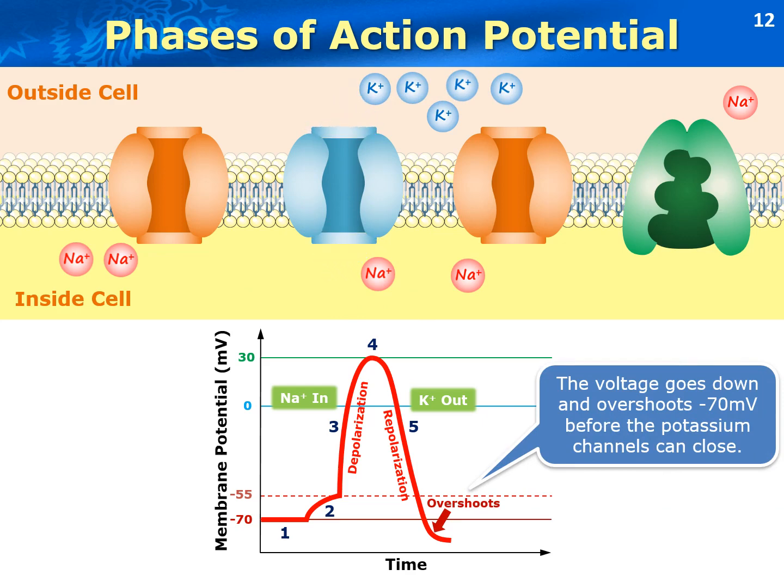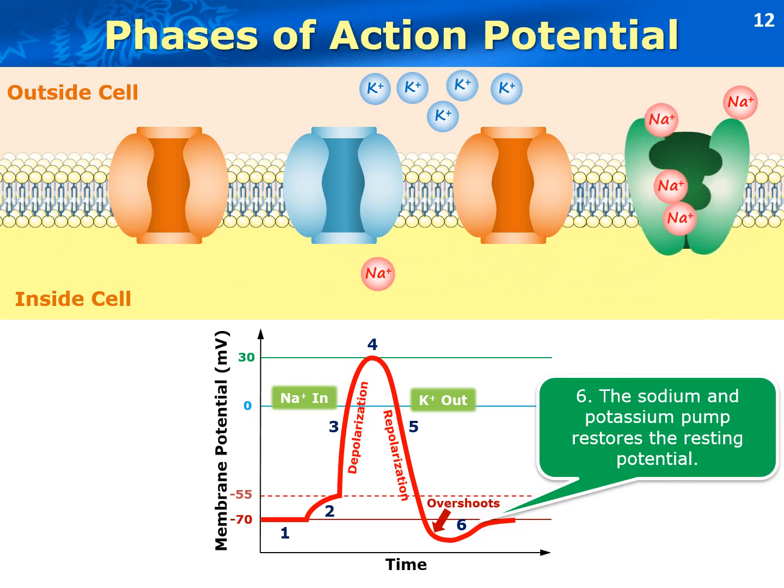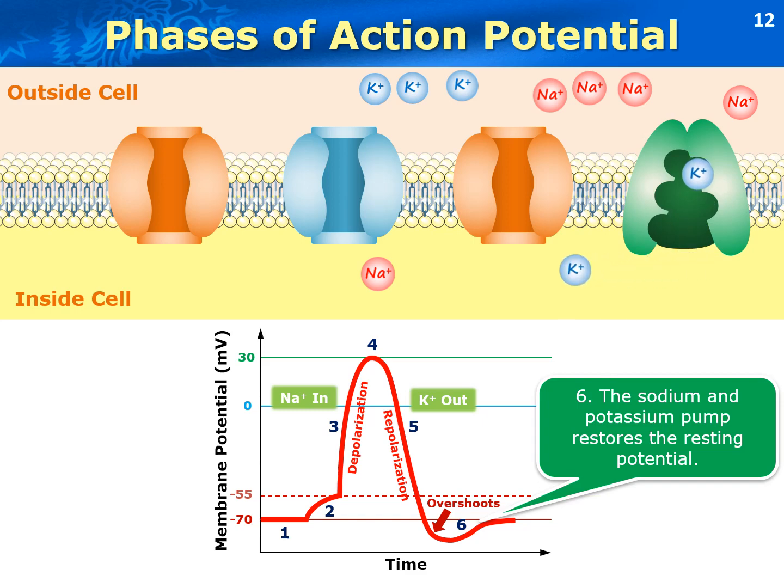Finally, the sodium-potassium pump restores the resting potential. 3 sodium ions are moved from the inside to the outside of the cell, and 2 potassium ions are brought into the cell. That is the propagation of an action potential.